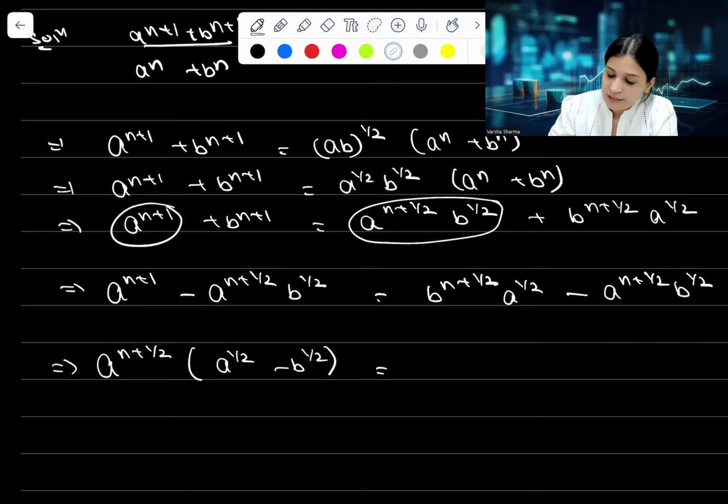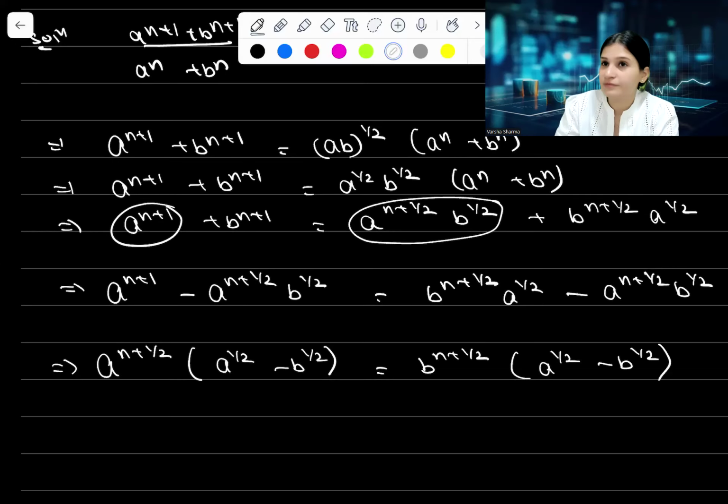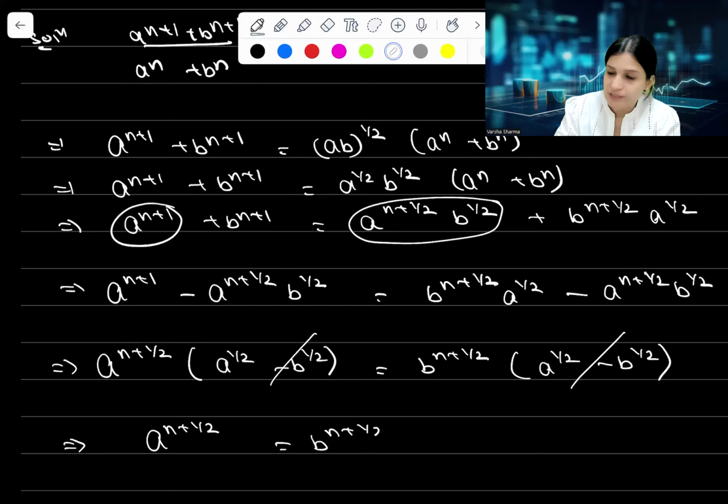On the other side, taking b^(n+1/2) common, left with a^(1/2) minus b^(1/2). These two terms get cancelled. a^(n+1/2) equals b^(n+1/2).